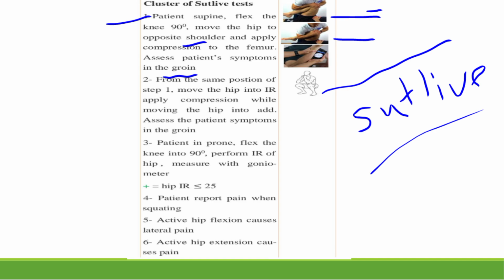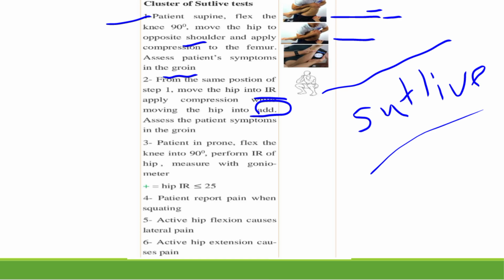In the next position, next image, you can see from the same position as step 1, move the hip into internal rotation. In the first, we don't go for internal rotation. In the second, we do internal rotation, and apply compression while moving the hip into adduction.